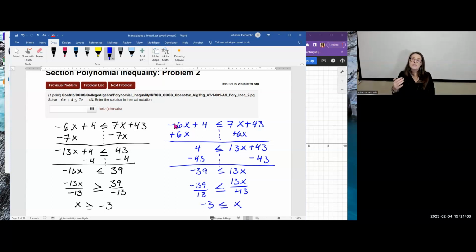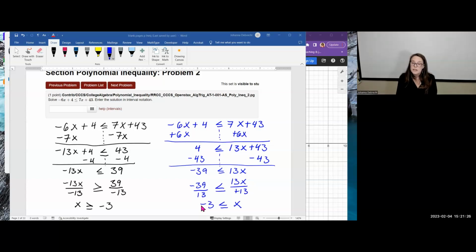In other words, x is on the large end of the symbol, so it's the bigger thing, and negative 3 is on the small end, so it's the smaller thing. And that's the same in both of the expressions that you see here at the bottom, the one in blue and the one in black. In both cases, the x is on the wide end and negative 3 is on the narrow end.